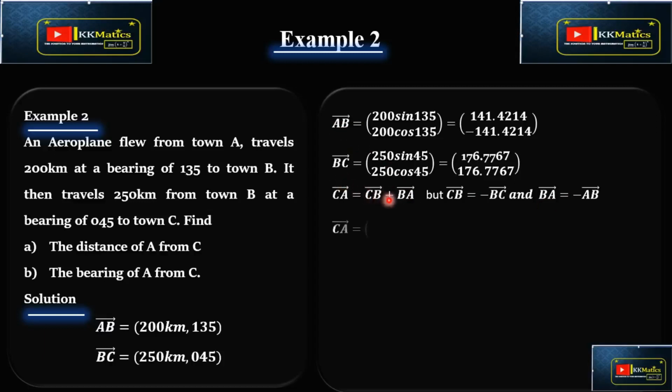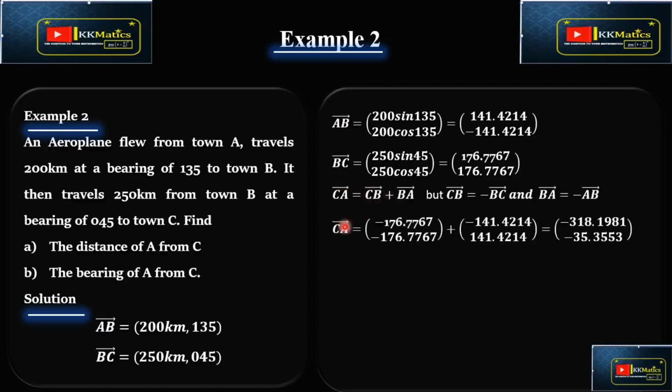So we do that, and as you can see, vector CB, which is the negation of BC, both of them have been negated here. The same applies to vector BA, which is the negation of vector AB, as you see there.